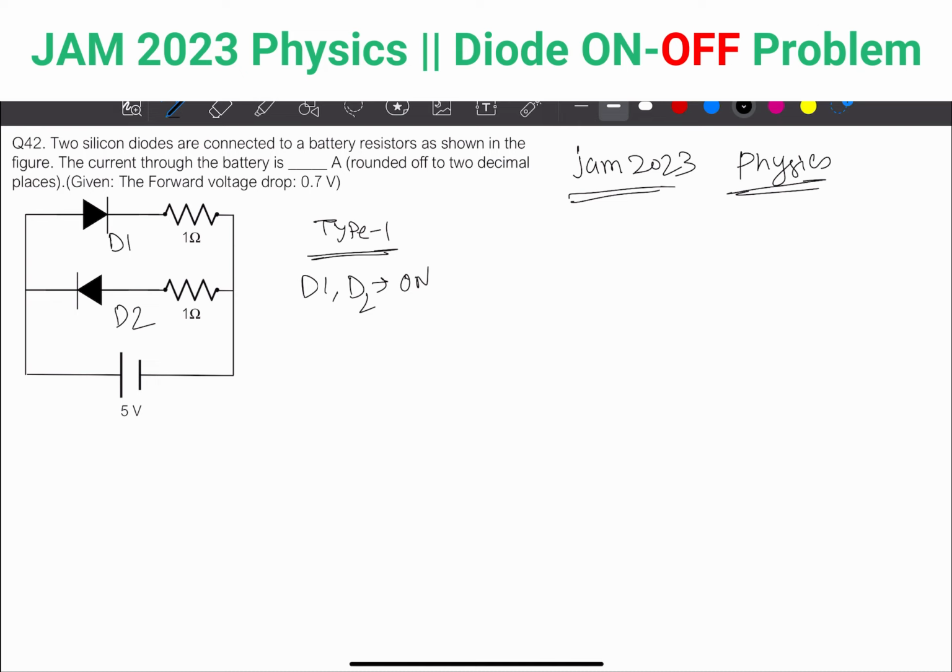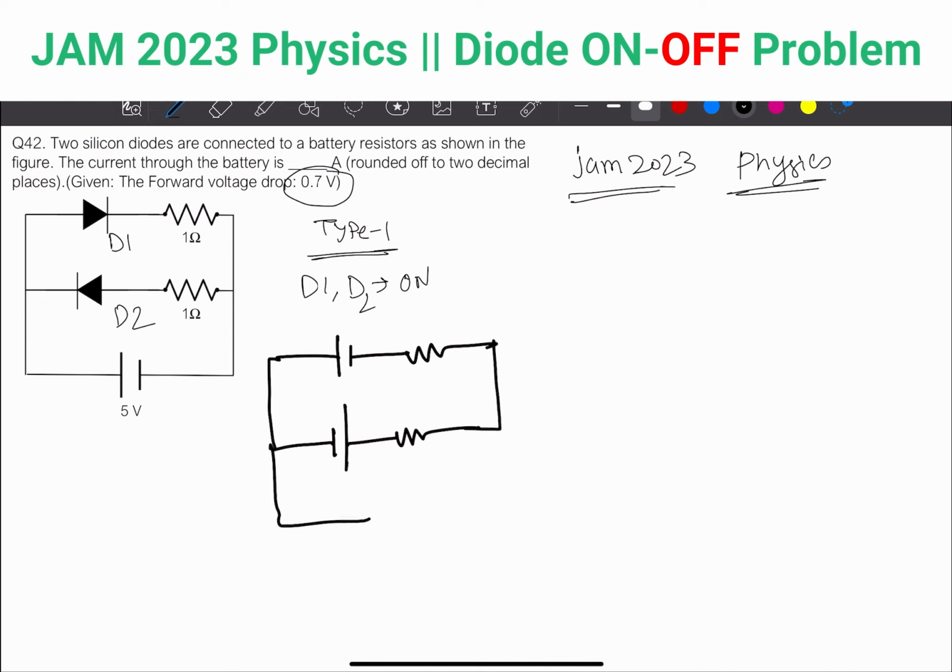As D1 and D2 are on, we need to replace each diode by the forward voltage drop of 0.7 volt. So let's redraw the circuit. Okay, so you understand, right?